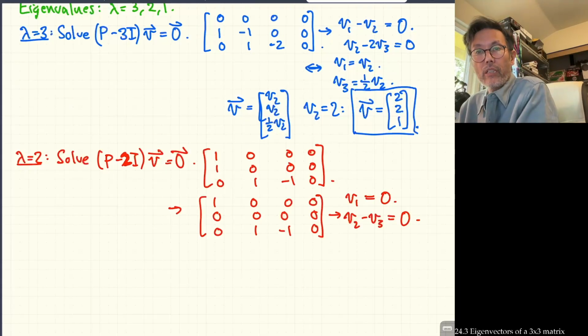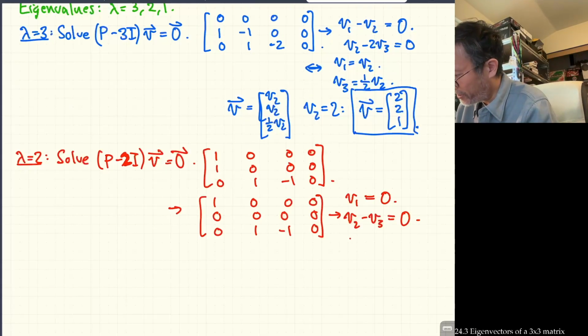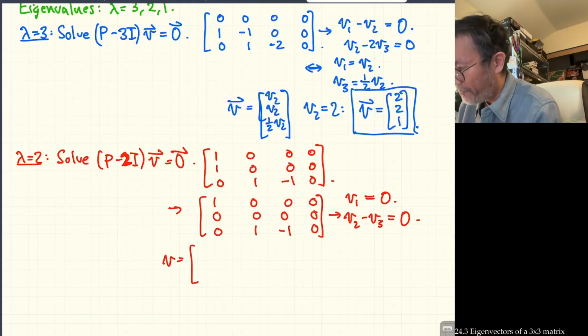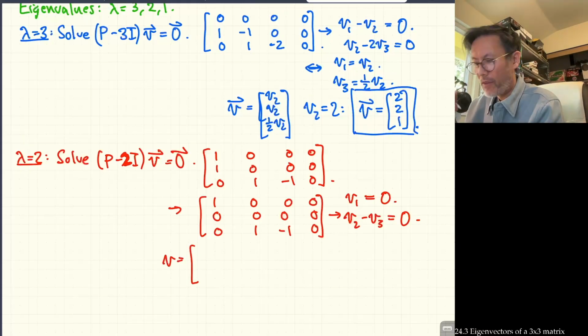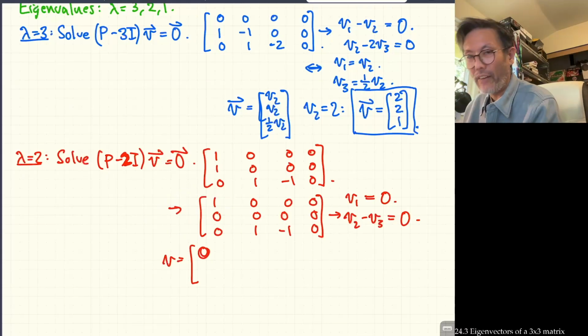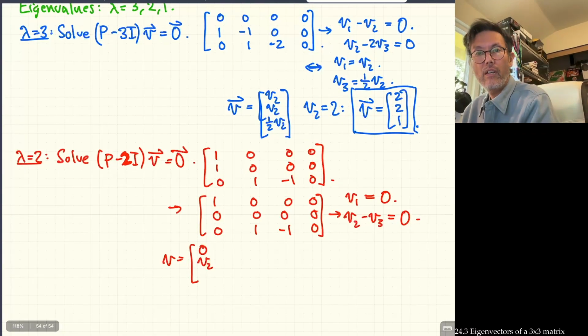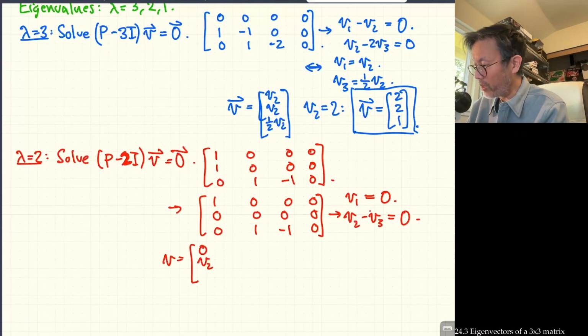So in particular, I can write V2 in terms of V3. This is equivalent to. So if I think about V as being V1, V2, V3, V1 must be 0. That's what that first equation tells me. V1 is 0. V2 can be itself. And V3, I can see from this equation, must be equal to V2.